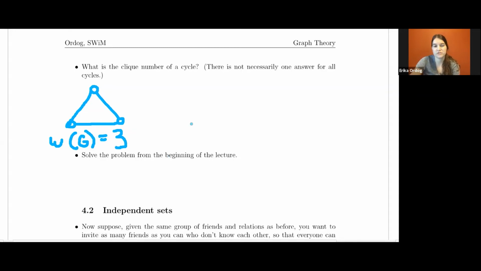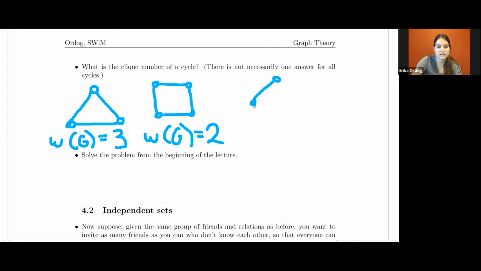But that might not be true for all cycles. So moving up in length, we can have a cycle of length 4. And what's the clique number of this square here? Well, we don't have any triangles. So the maximum number it can be is 2, and we do have edges, so we do have 4 separate 2-cliques. But again, no triangles, so the maximum clique number is 2.